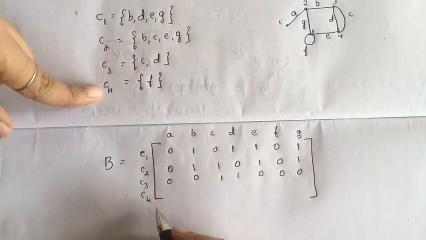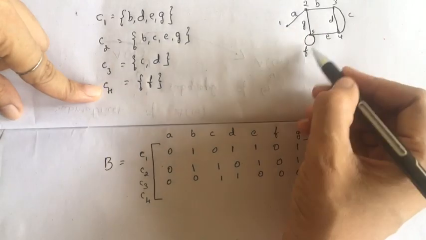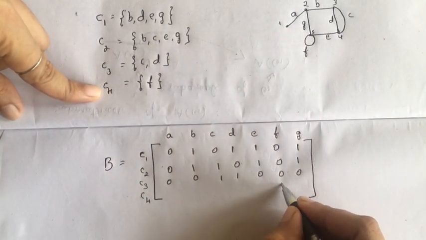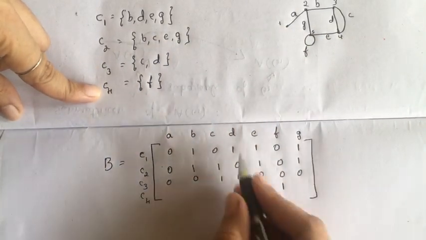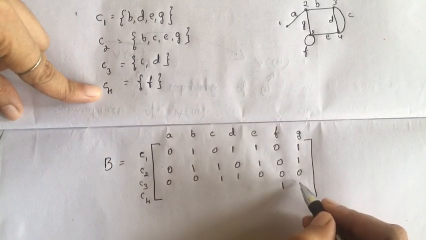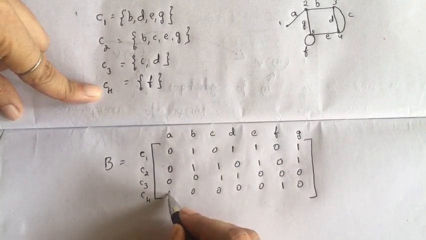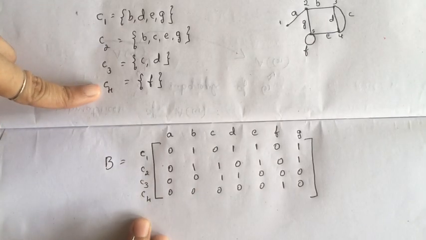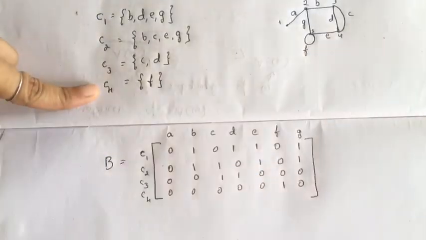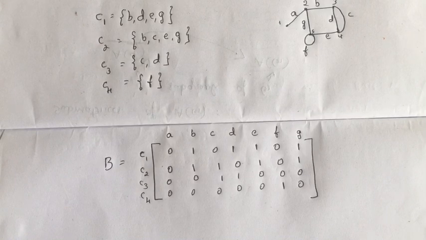Then C4, this last cycle, it's a self loop, so only the entry F is equal to 1. Rest all zeros. So this is the circuit matrix for this graph.